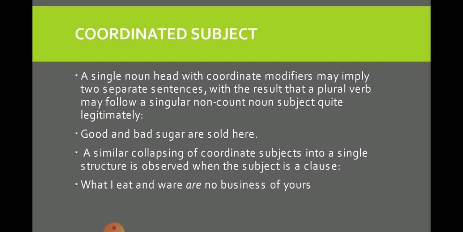That is why this indicates that we have good sugar, and also we have bad sugar. We cannot say this sugar is good and bad at the same time. This is impossible. Since we are talking about two different types of sugar in this example, we are going to consider them as a plural. That's why we use a plural verb.